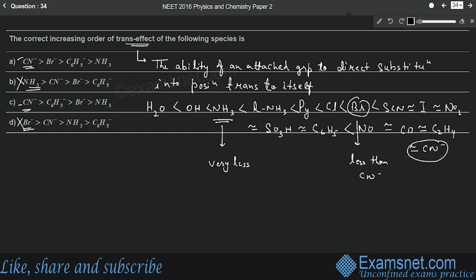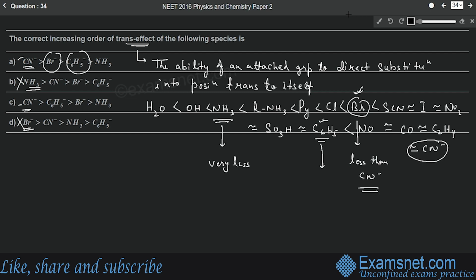Now out of options A and C, we have to compare the trans effect of bromide and C6H5 minus. Okay, so bromide is at this position here, and C6H5, where is it? It is here. Okay, so which one comes first? C6H5 comes later, it is in the second row, right? Bromide comes first.